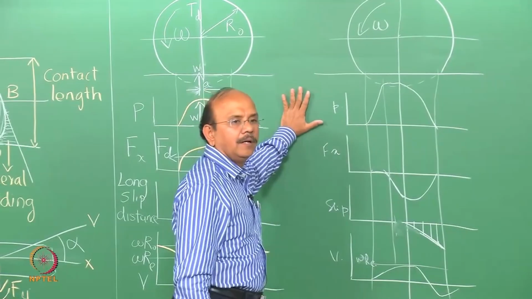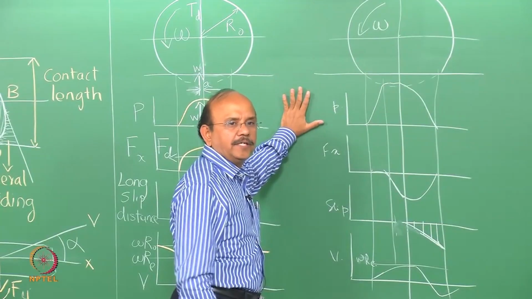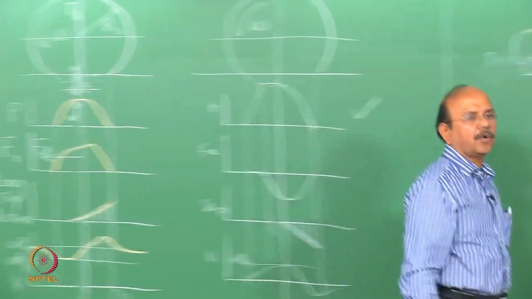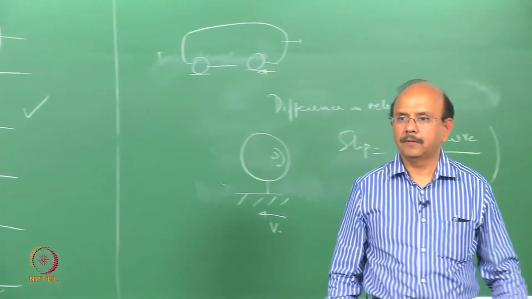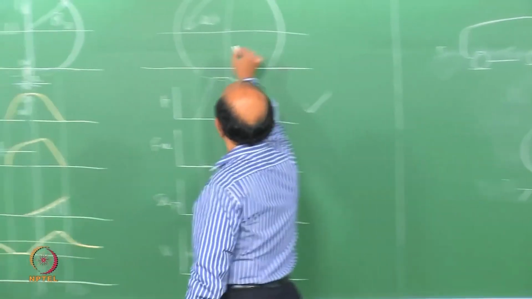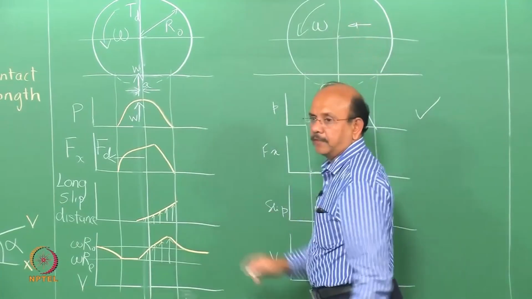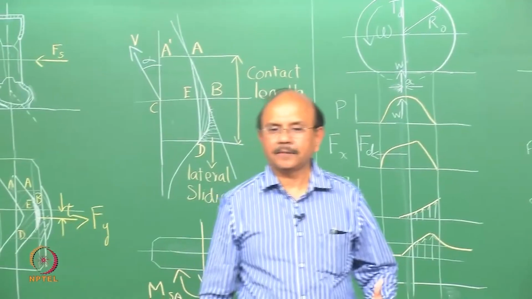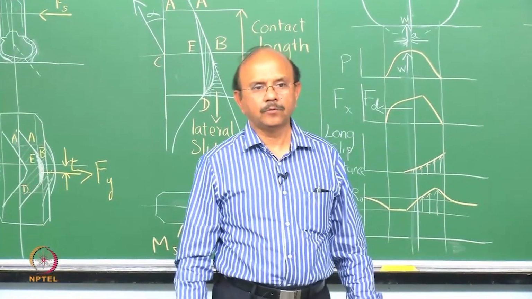Now, the first thing is pressure. We know this. I'm not going to repeat anything out of this. There's a contact pressure. The vehicle is moving in that direction, and there's a contact pressure. No problem.